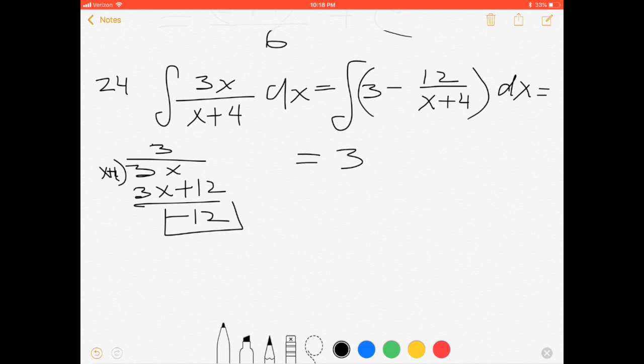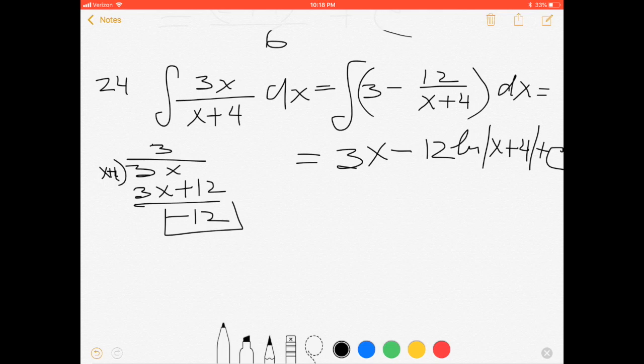Now we're done, because the integral of 3 is 3x, and for this fraction, because the denominator is a linear expression in x, it will be a natural log. This means minus 12 natural log absolute value x plus 4 plus c. That's it.